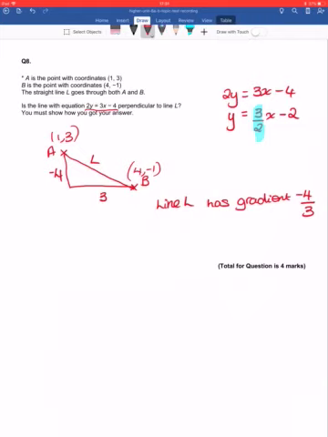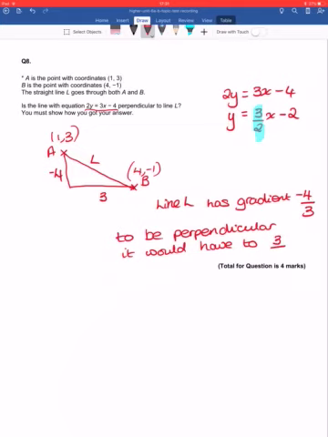Okay, so to be perpendicular, it would have to be the reciprocal, so you flip it, 3 over 4, make it positive, not this one here, which is 3 over 2. So, no, it's not. Okay, so manipulation, remembering about the rules of gradients being perpendicular.